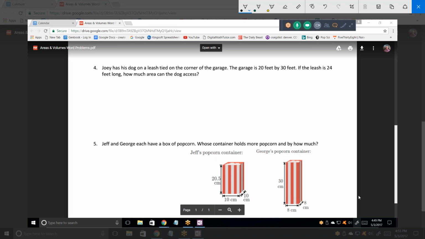Is it a linear problem? What is it? Area. No, volume. It's volume. You're talking about how much popcorn can you put inside of a box? That's a volume problem. So what's the volume of the box on the left?